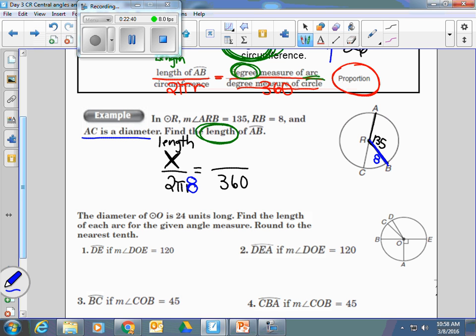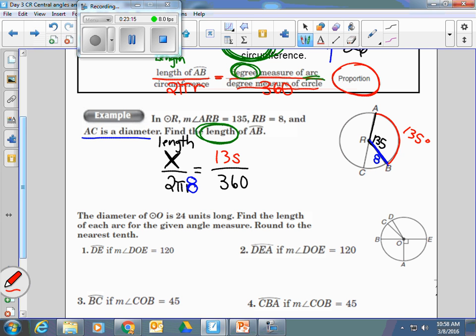Now it wants me to find the length of arc AB. How big is arc AB? It's 135 degrees, but they're asking me for the length of it. So the degrees of it is 135. I want 135 degrees out of 360 degrees, and I don't want the whole circumference, I just want the part of the circumference. I want you to understand this one step better.